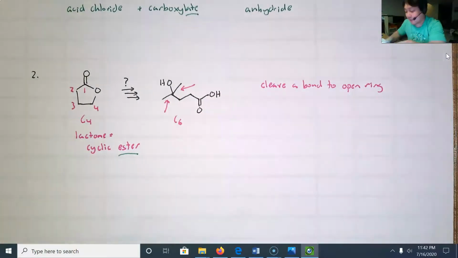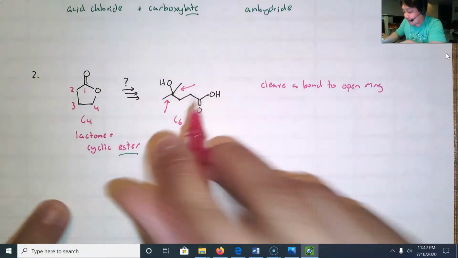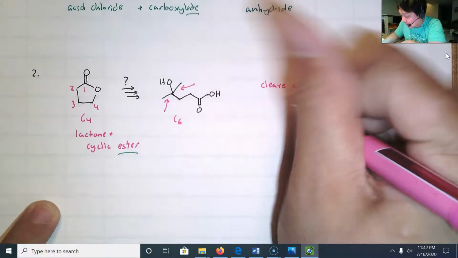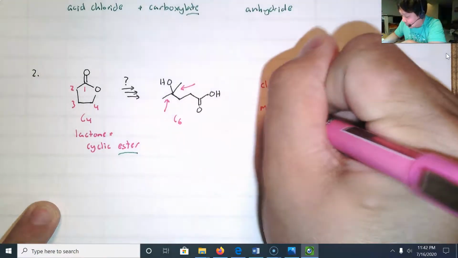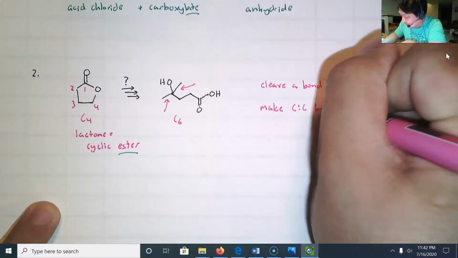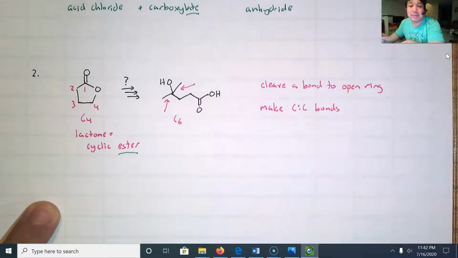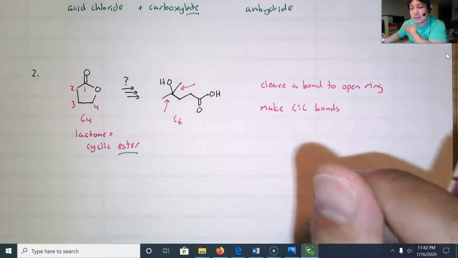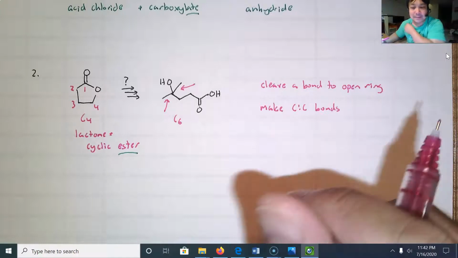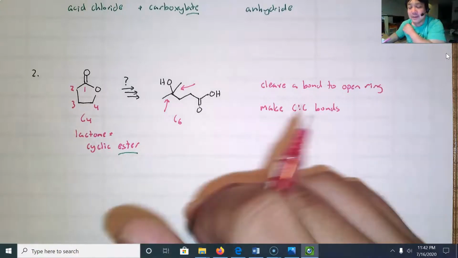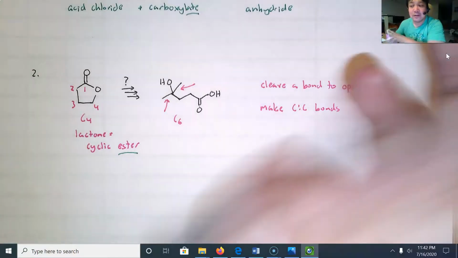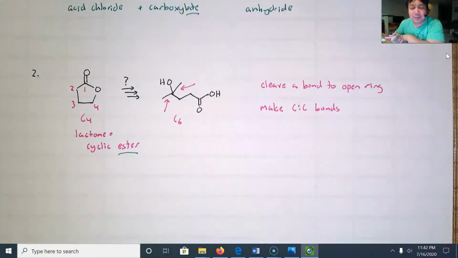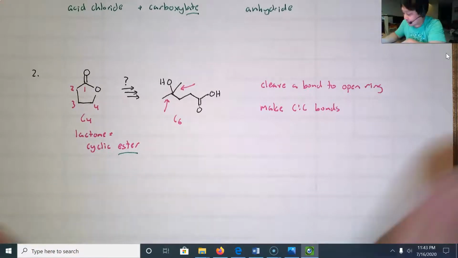What I'm going to focus on is that I need to know how to make carbon-carbon bonds. The most popular way to make a carbon-carbon bond, if you recall from a previous unit, was the organometallics. I tried to emphasize that it's the star of the organic chemistry world, how to make a carbon-carbon bond using a Grignard or organolithium.